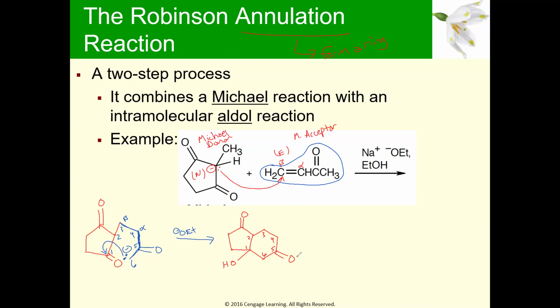But remember, this is the aldol reaction. It's like an intramolecular aldol reaction. So we form that bond between carbon 6 and carbon 1, and then it gets protonated, because the electrons move from that pi bond up into the oxygen, and then that just grabs the hydrogen from the solvent.